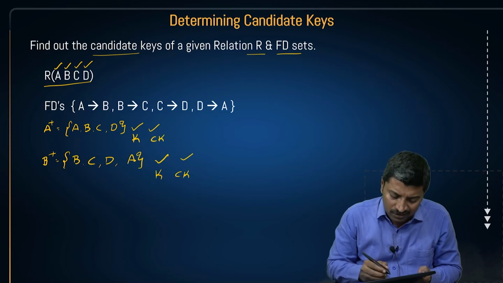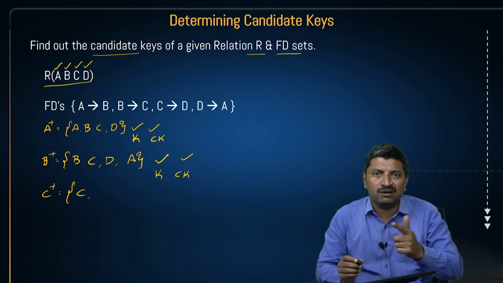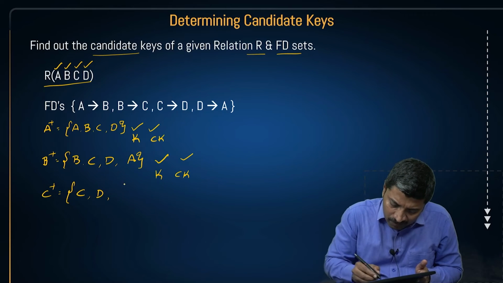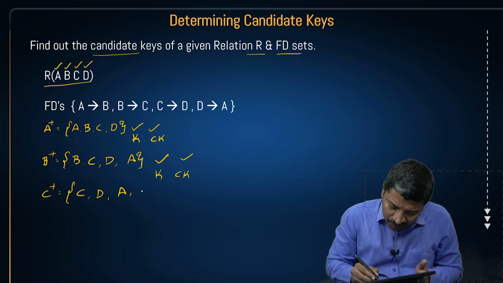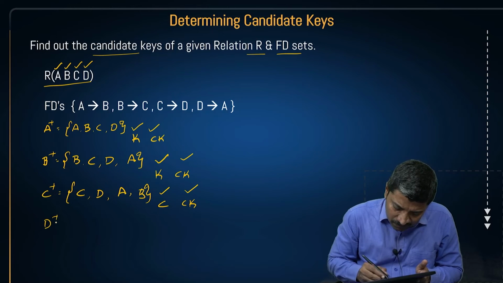Is that clear, sir? What about C plus? C always contains C. Then C implies D, D implies A implies B. So this is also a key as well as a candidate key. What about D plus?